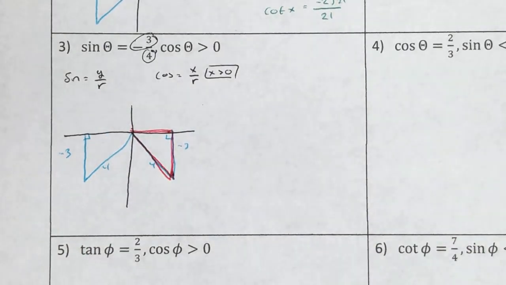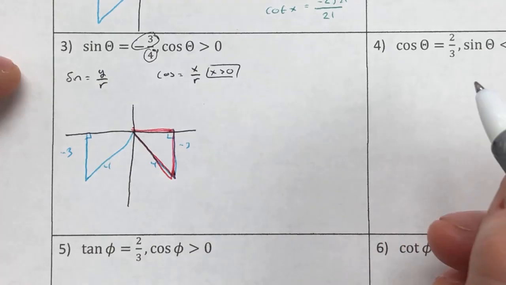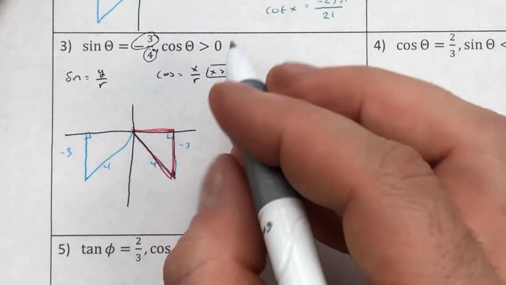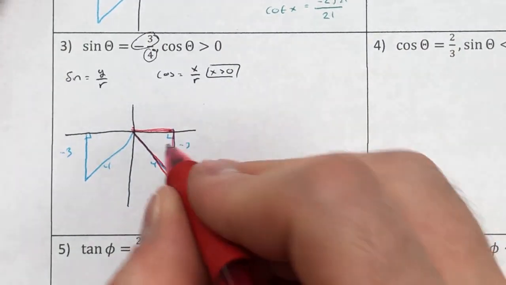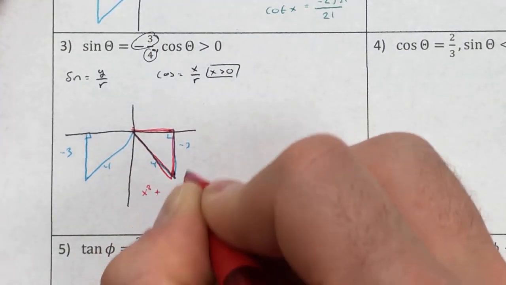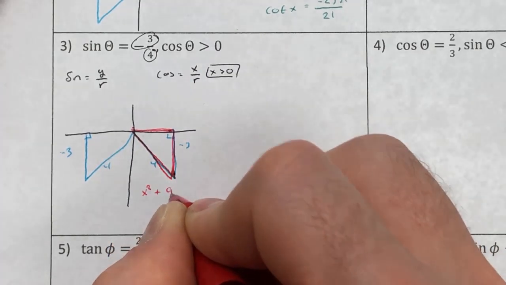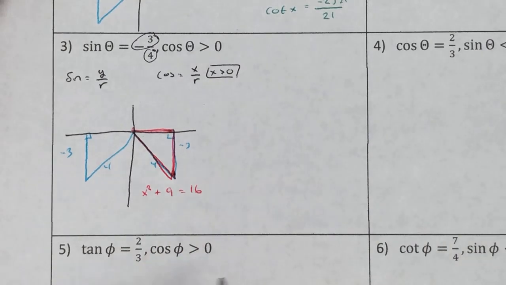Awesome. And so again, I'll set up the Pythagorean theorem to figure out what this x value is. So let's do this in red just to keep it consistent. A squared, which is going to be my x squared, plus b squared, which is -3 squared, which is 9, is equal to my c squared, which is going to be 16.